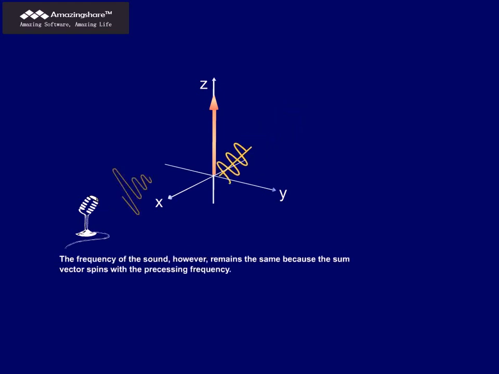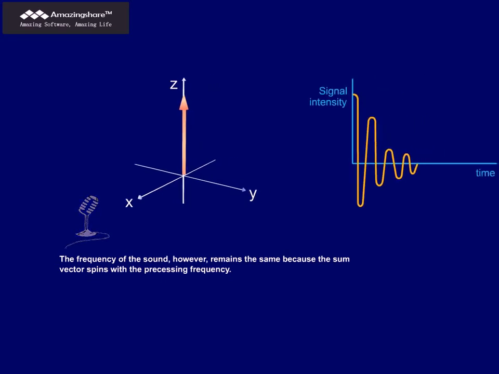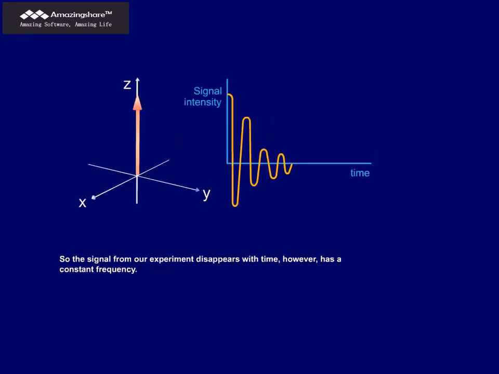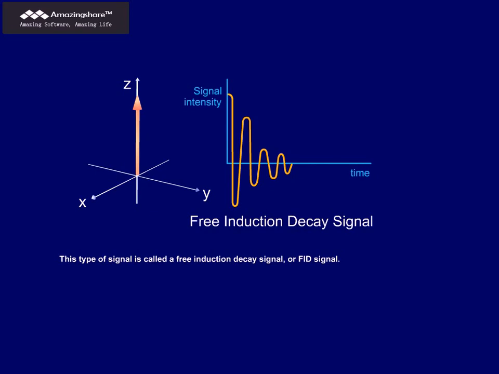The frequency of the sound, however, remains the same, because the sum vector spins with the precessing frequency. So the signal from our experiment disappears with time, however, has a constant frequency. This type of signal is called a free induction decay signal, or FID signal.